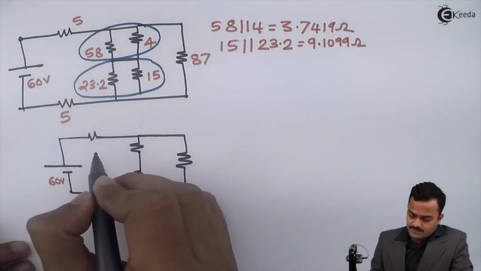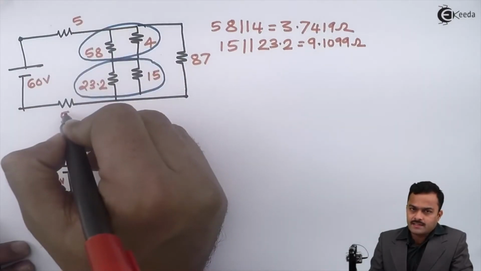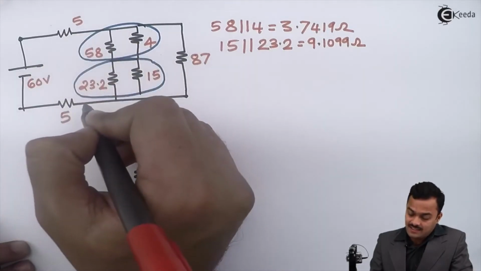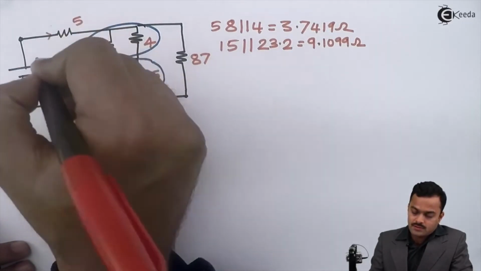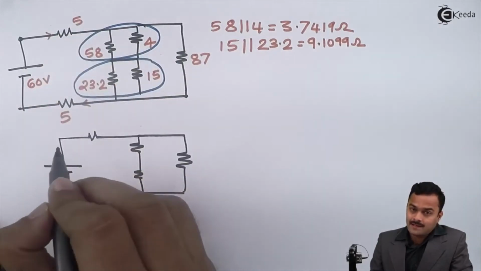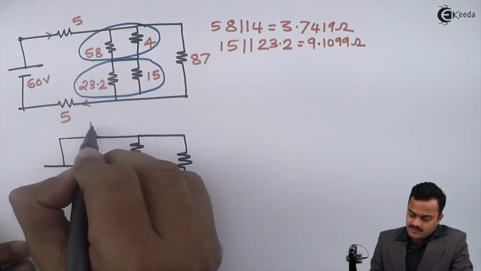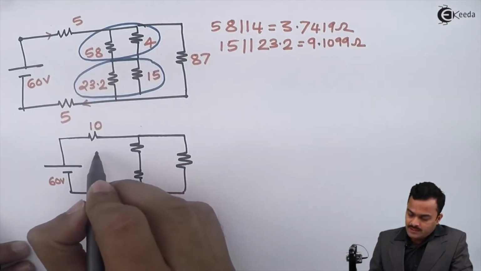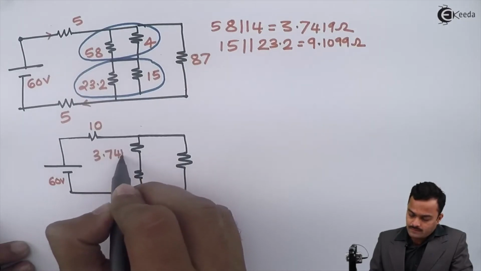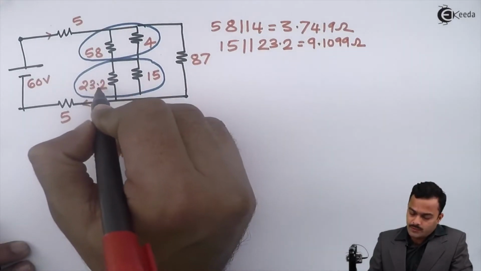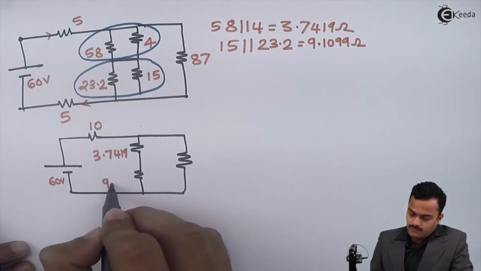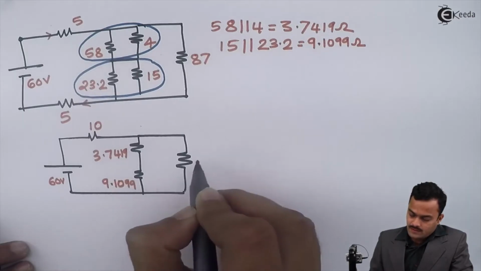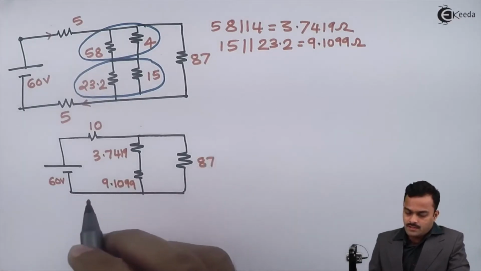60 volt as it is. This 5 and this 5 coming into the series. See, even if I am having a battery in between them, still same current is going to pass through these two resistance. So I can club them into one, and I will consider 10 ohm. This will give me 3.7419. Parallel combination of 23.2 and 15 will be 9.1099, and this 87 ohm will remain as it is.